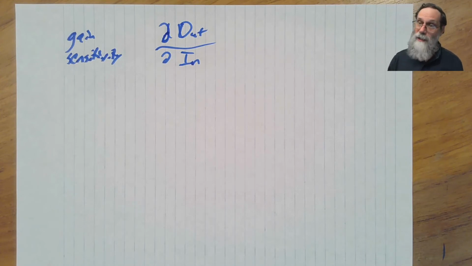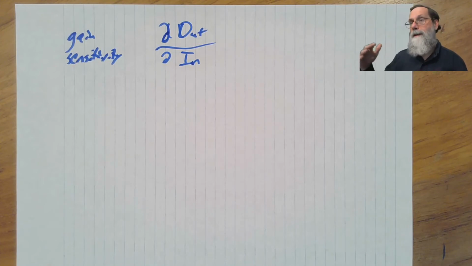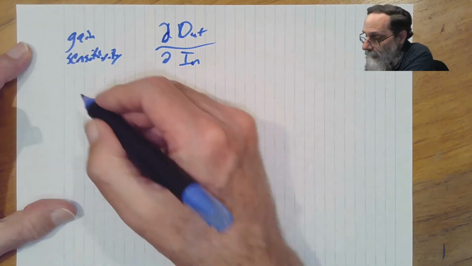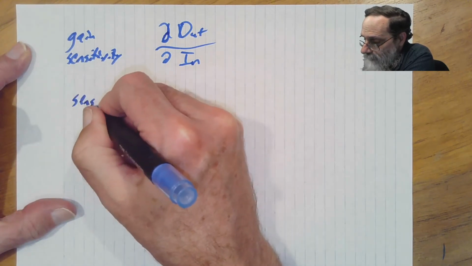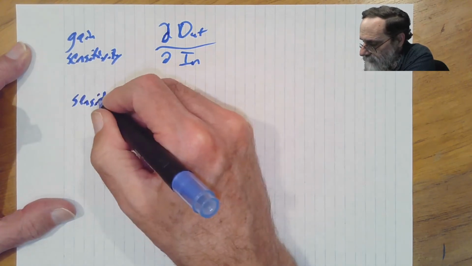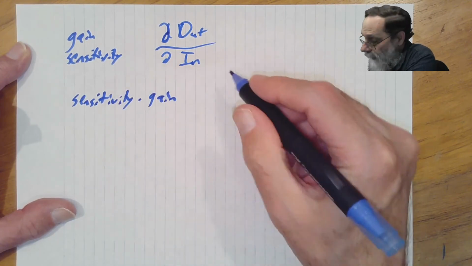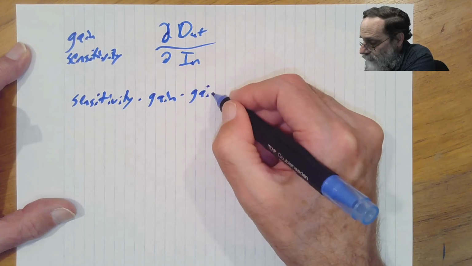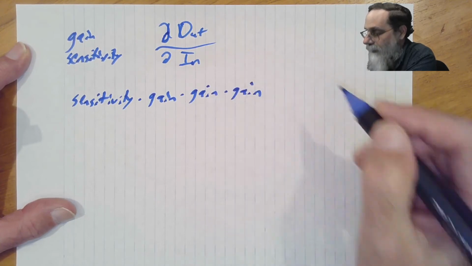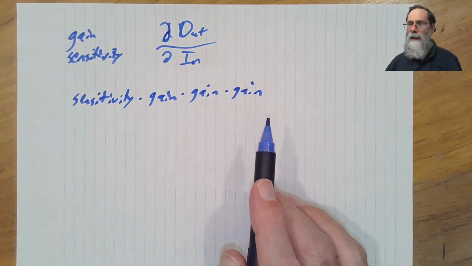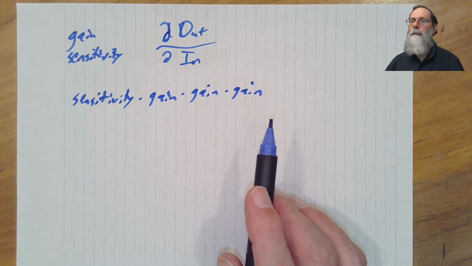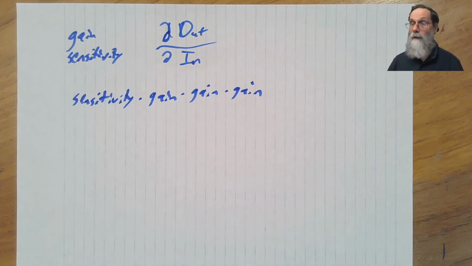If we've got a sensor that gives so many volts per pascal at its output, and we put that through an amplifier, which gives so many volts per volt as its gain, we end up having to multiply the sensitivity times the gain, and we might have an amplifier that has several gain stages. Doing all that multiplication is not too difficult with calculators, but sometimes you end up with lots of zeros, lots of things getting bigger and smaller.